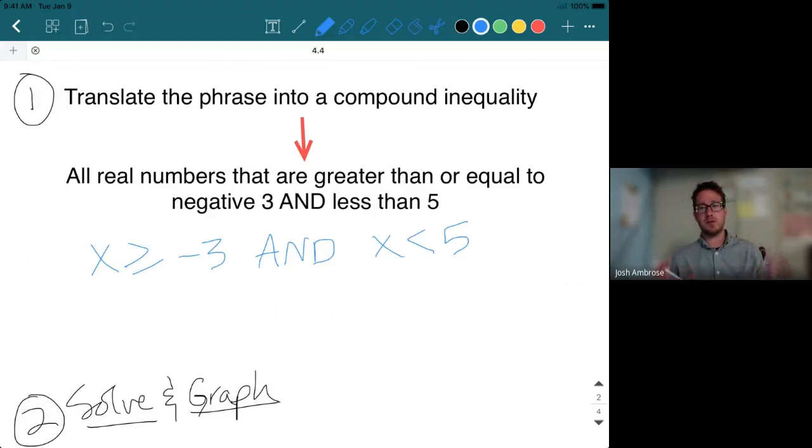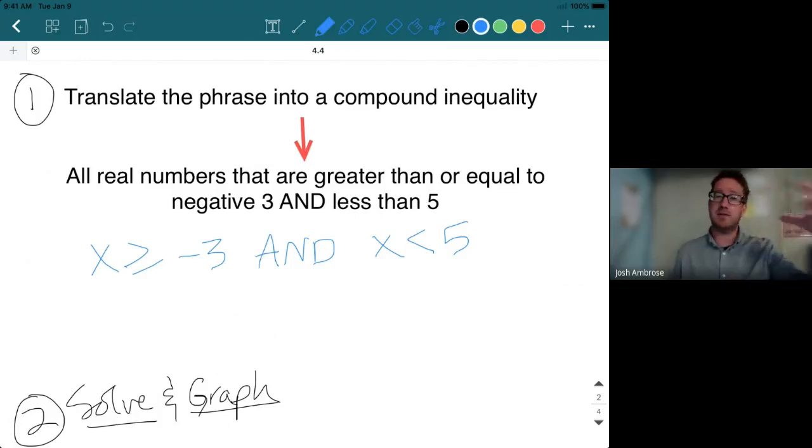So what I wanted to show you right off the bat is these are the two inequalities being described in that phrase. Remember, all real numbers represents x, then the rest of it is telling you about the inequality aspect of it. So all real numbers x are greater than or equal to -3. There's the first inequality we wrote. Then put the word and.